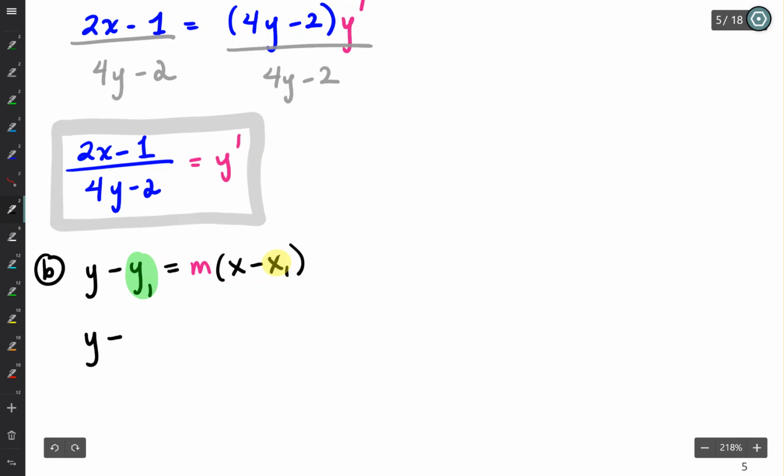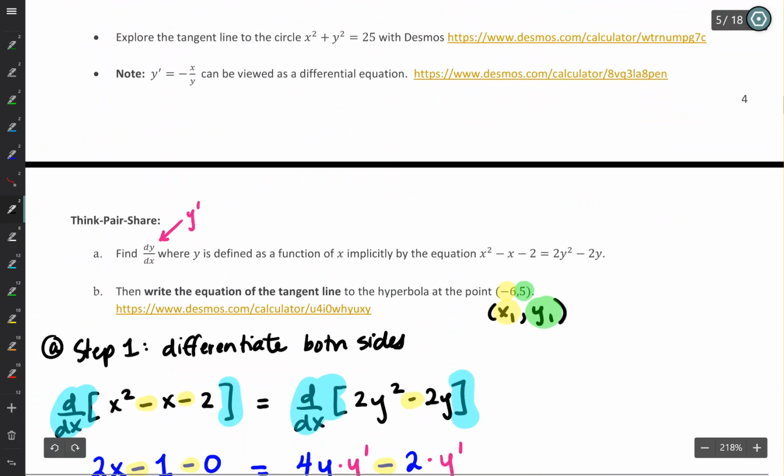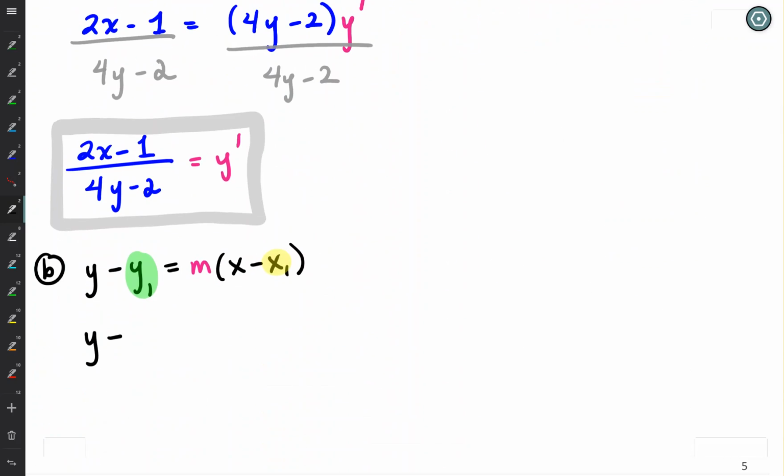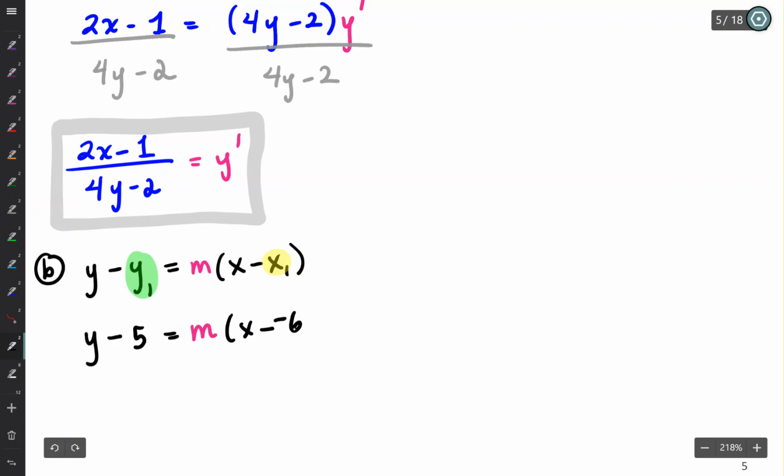Y minus my 5 is equal to my slope times x minus x1, which is a -6.